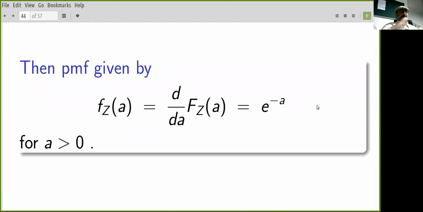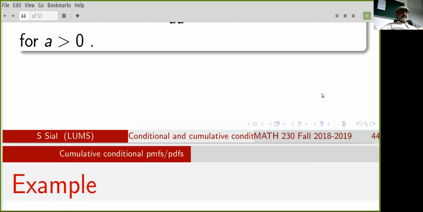Then the PDF, f sub z evaluated at a, is the derivative with respect to a of the CDF evaluated at a, and that's equal to exponential of minus a for a greater than 0.